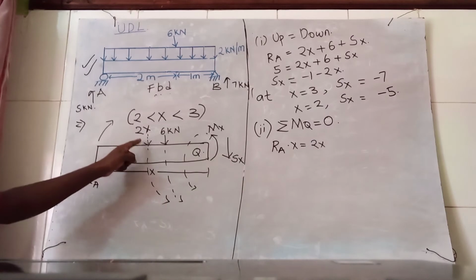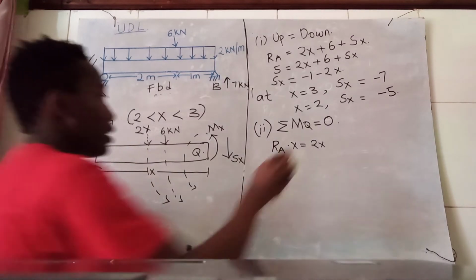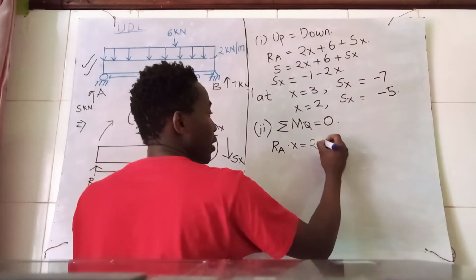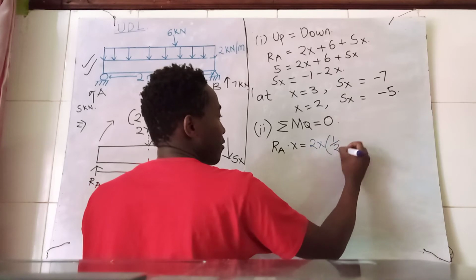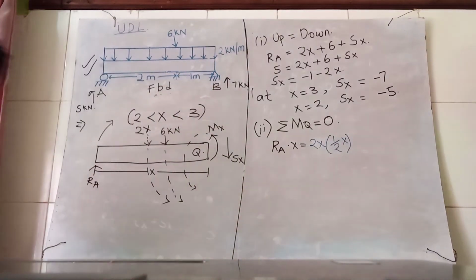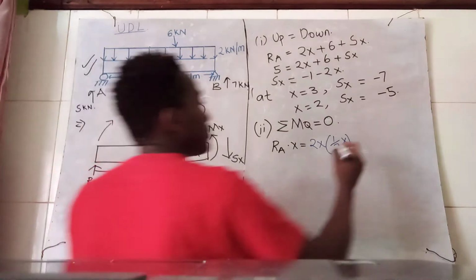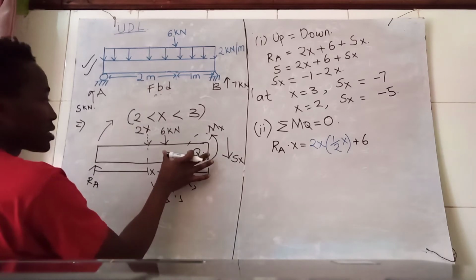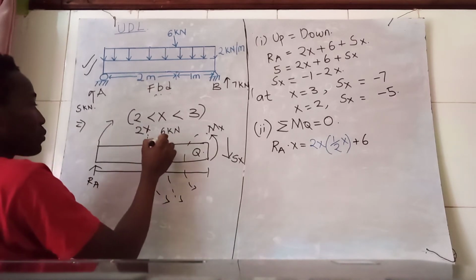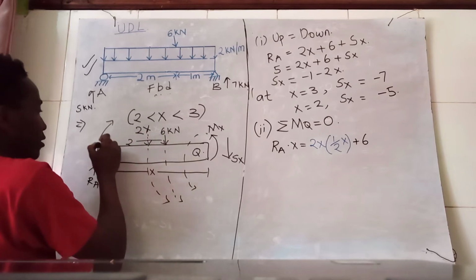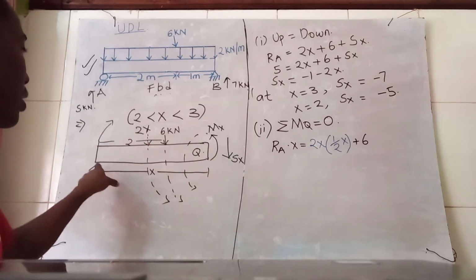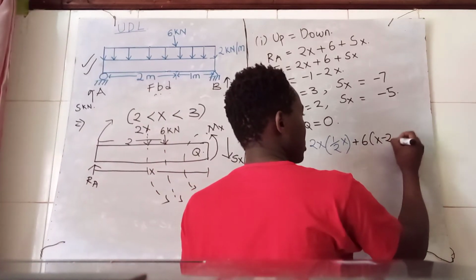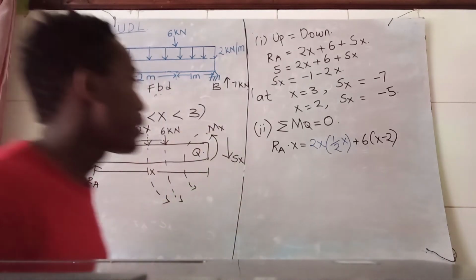It is acting at the center of the beam. Allow me to write it this way for you to remember. So it will be 2x times a half of the length, a half of x, plus 6 multiplied by, we are interested in this length, and from this point to this point has a length of 2. So this will be the whole length x minus 2. x minus 2, plus Mx.